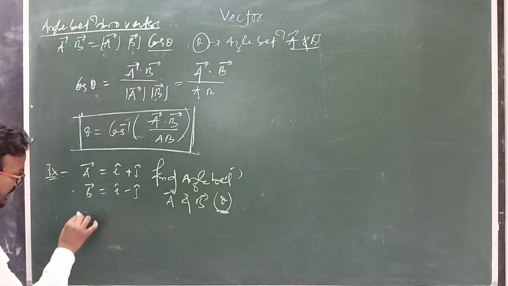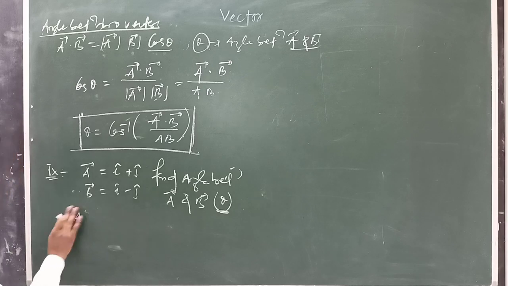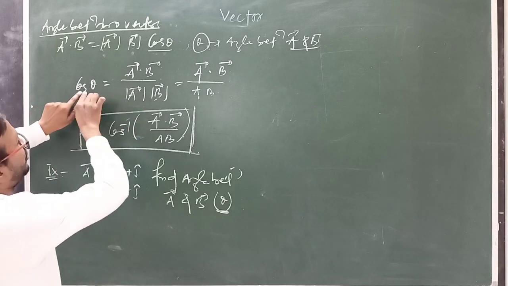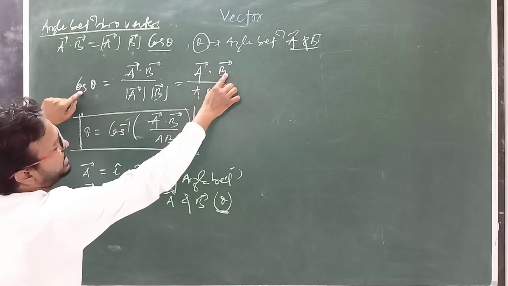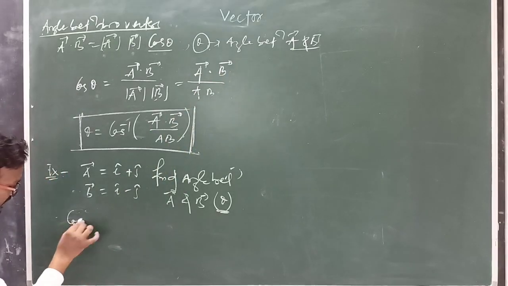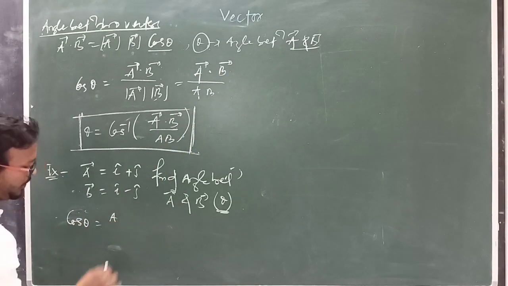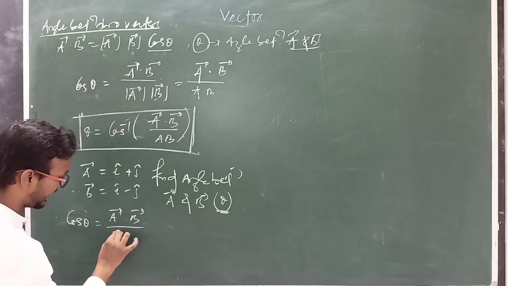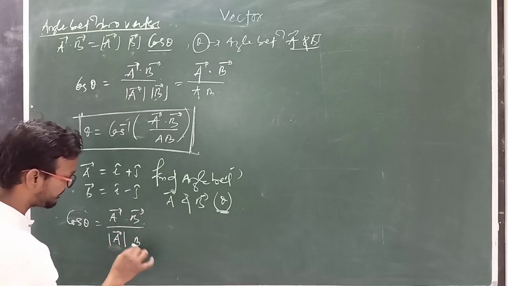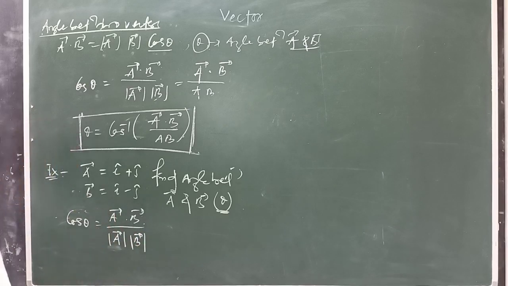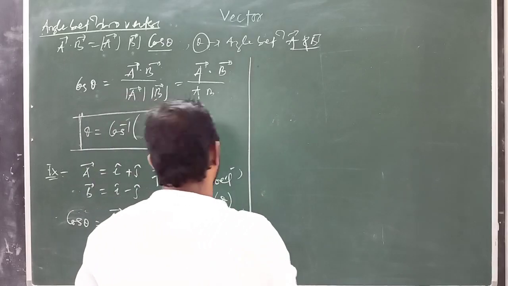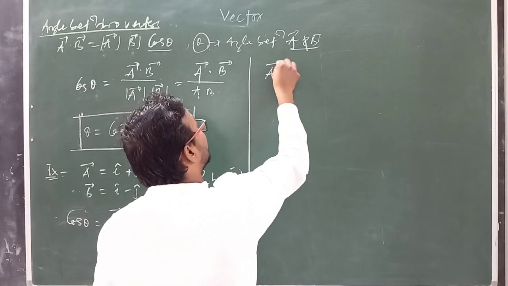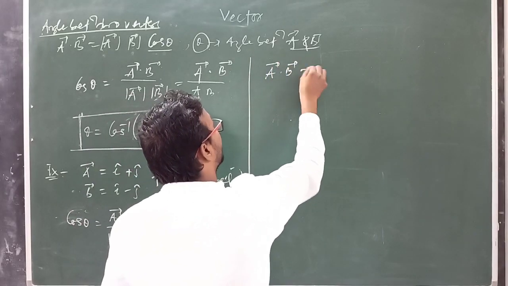You can write directly this formula, cos theta equals a dot b divided by ab, that is divided by magnitude of a vector into magnitude of b vector. So first we have to find a dot b. Clear? So in this question first we have to find a vector dot b vector.